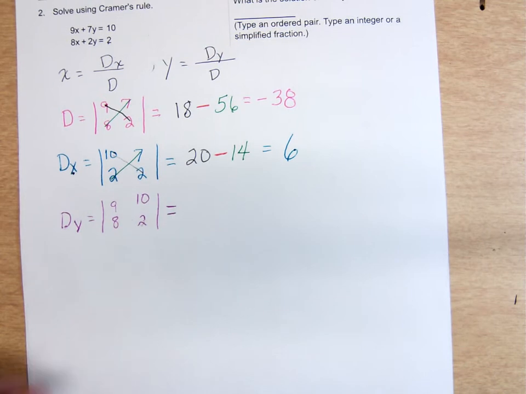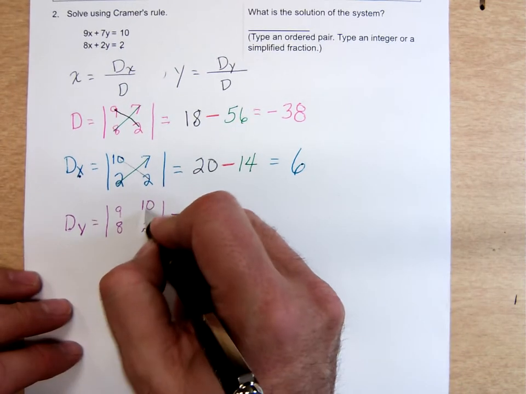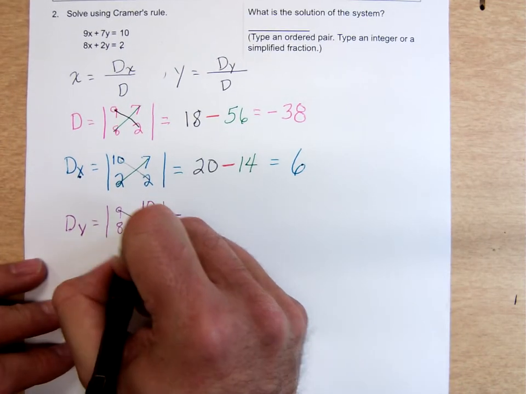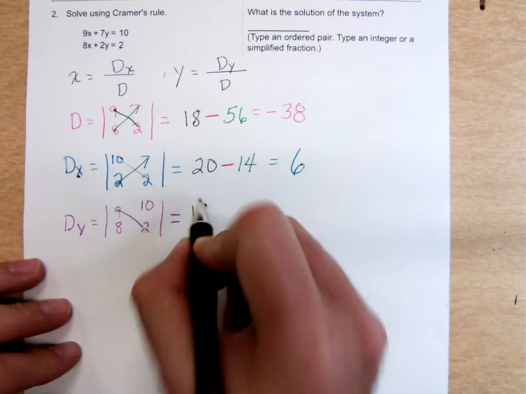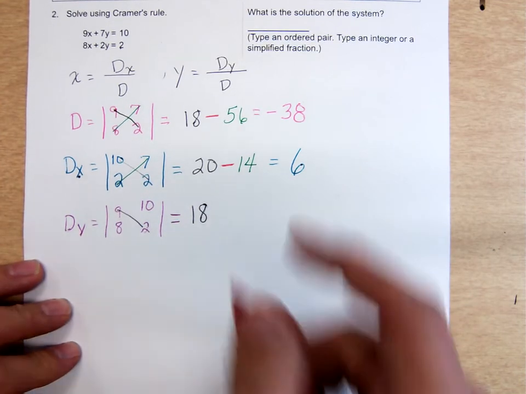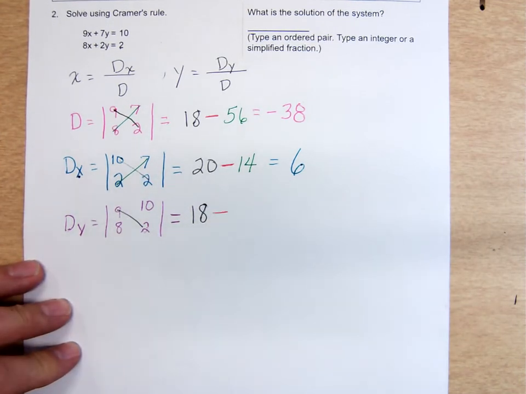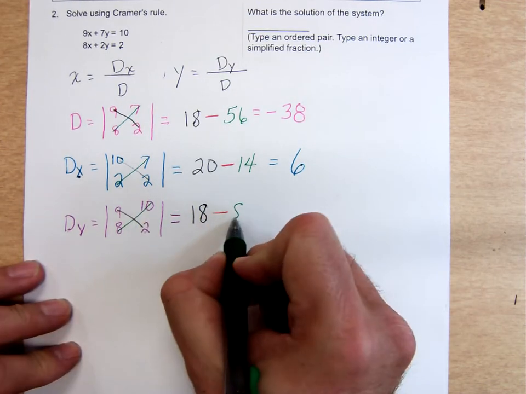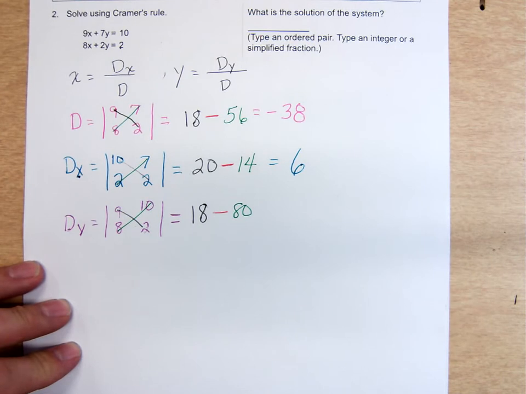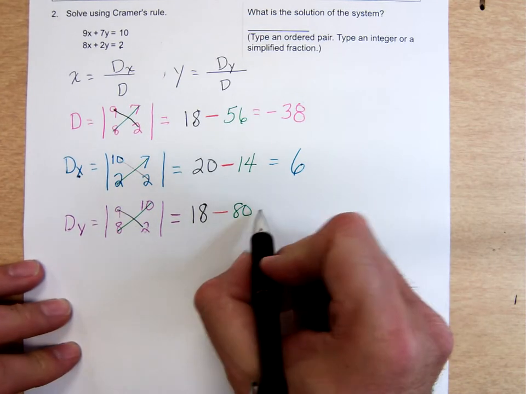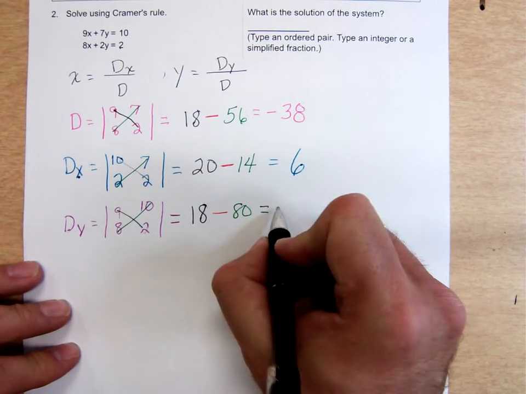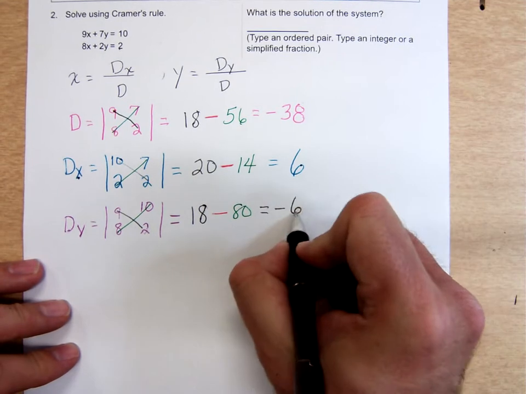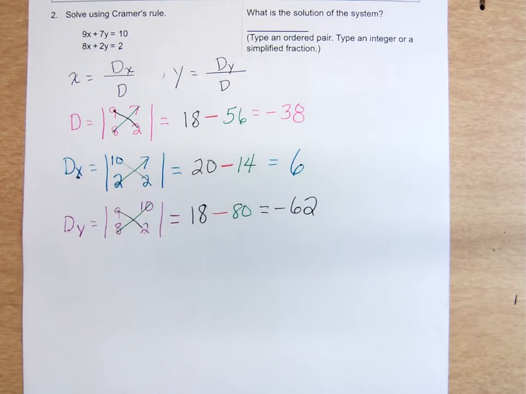So let's see. Ooh, my 10 should have been lower. I'll redo that. What's that going to be? An 18 minus 80. 18 minus 80, is that a negative? What's that going to be? A negative 62? Ooh, I think we're going to wind up with some fractions on this one, aren't we?